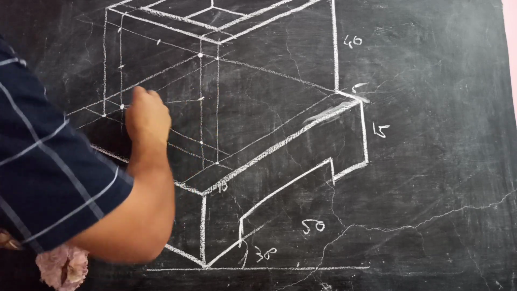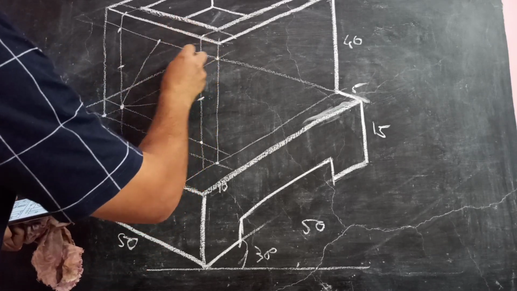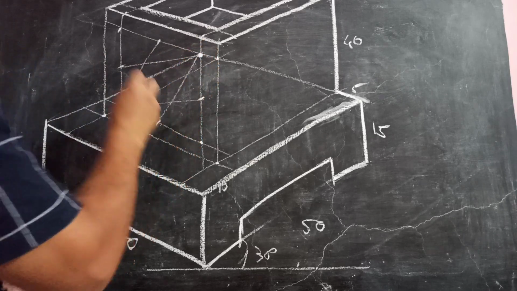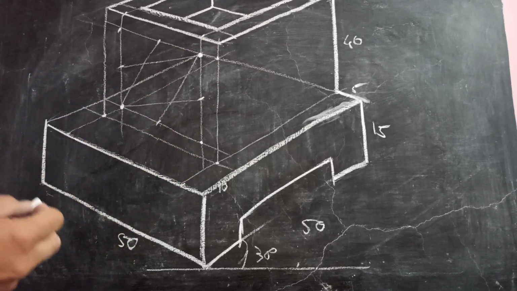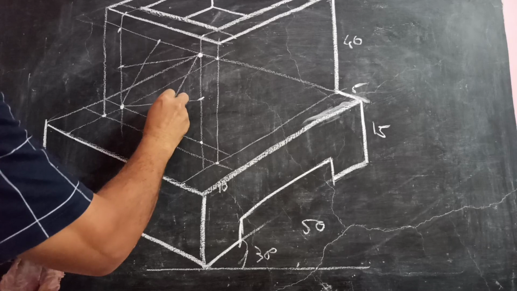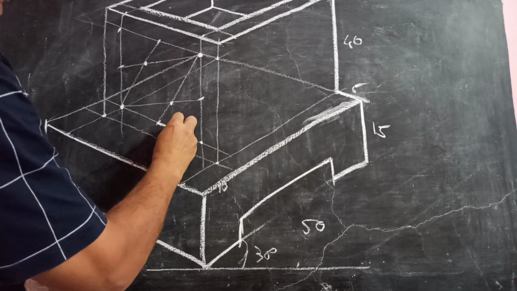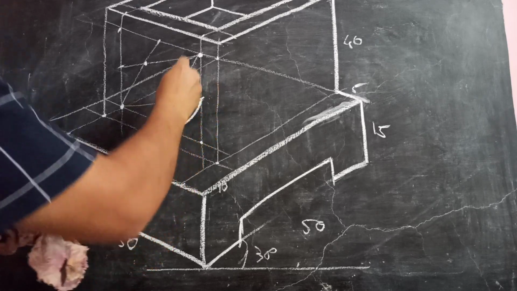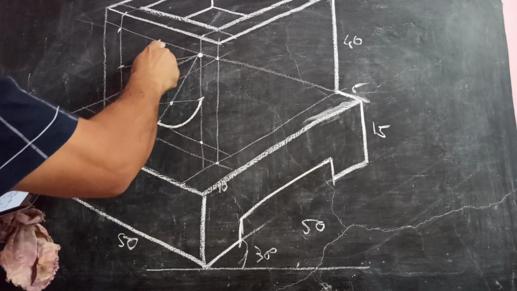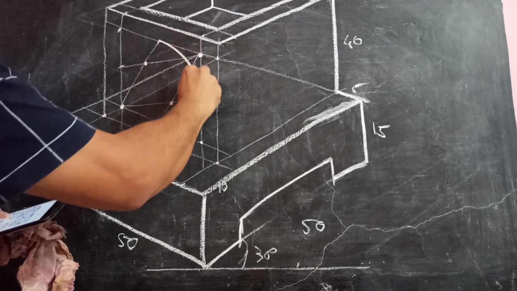So from here you can join this, from here you can join this, and with the help of these centers, take this as center, this much as radius, you can draw this. Take this as center, this much as radius, you can complete this.